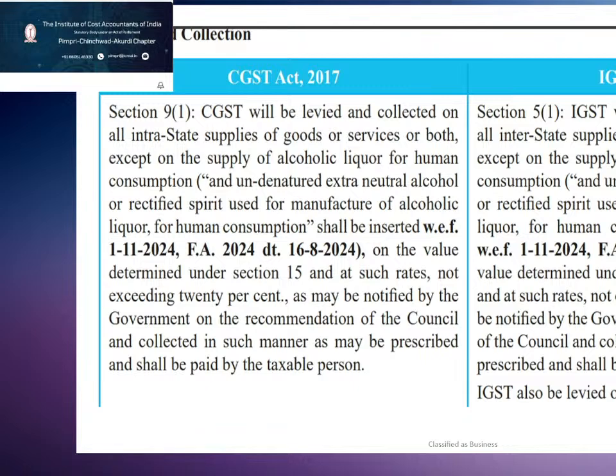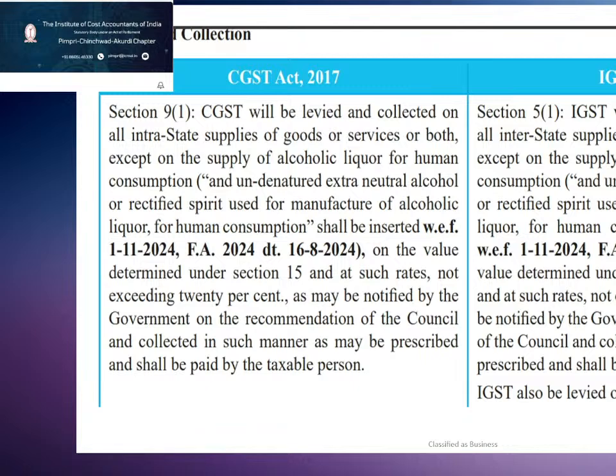Now we have section 9 subsection 4. Section 9 subsection 3 is about who decides the GST. The government will decide who has to pay the GST. That is in section 9 subsection 3.